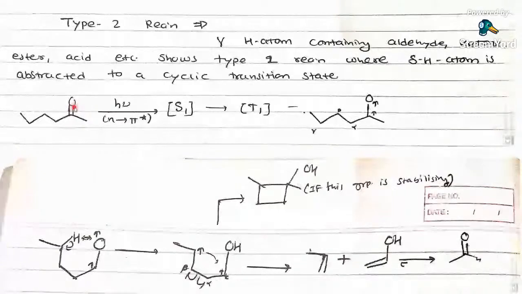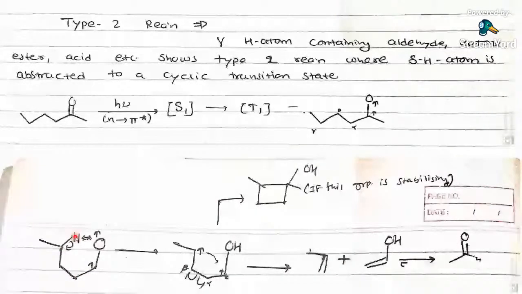Then I have written it in this way. You can see here, this is my alpha, beta, and gamma. So the gamma position has the hydrogen with itself.